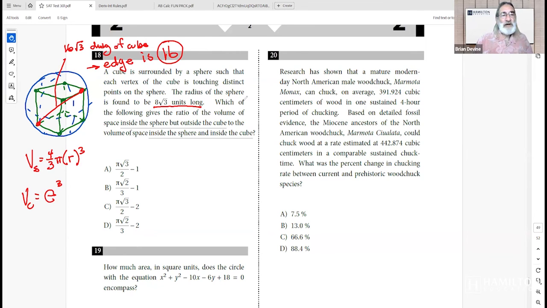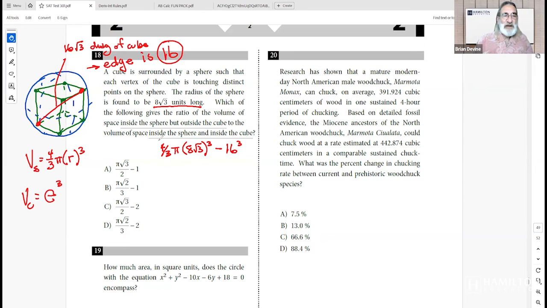And we want to know, hey, what gives the ratio of the volume of the space inside the sphere, but outside the cube, to the volume of the space inside the sphere and inside the cube, which is a goofy way of saying, take the volume of the sphere, so 4/3 pi times 8 root 3 cubed, and take away the cube, 16 cubed.